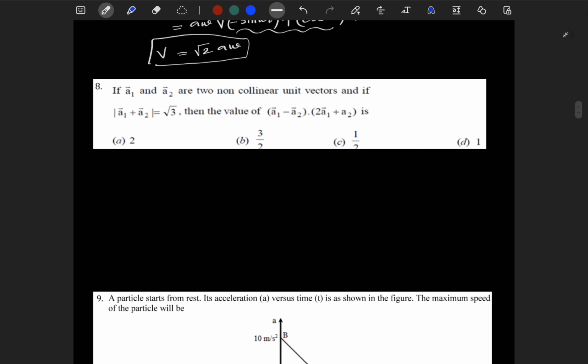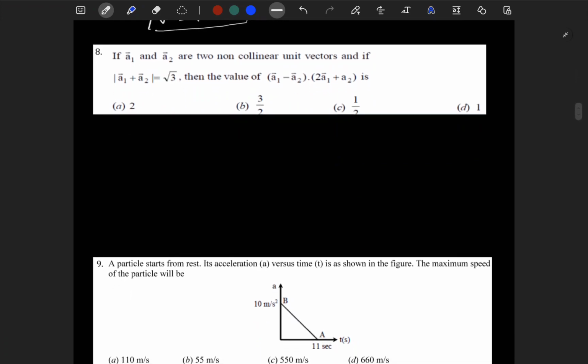Now we have another question from vectors, which is question number 8. If a1 bar and a2 bar are two non-collinear, which means they are not in the same line, and they are unit vectors, that means if they are non-collinear, the angle between them is not 0. That's the meaning of non-collinear.